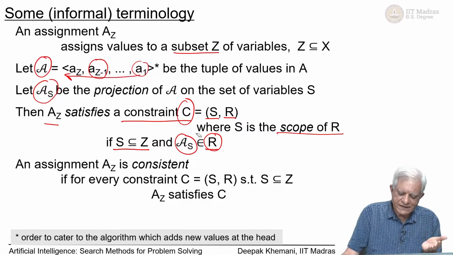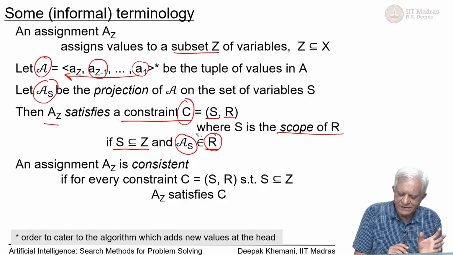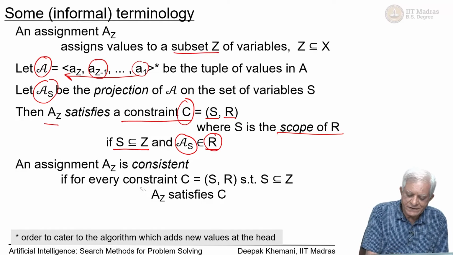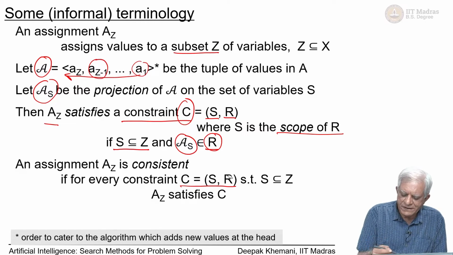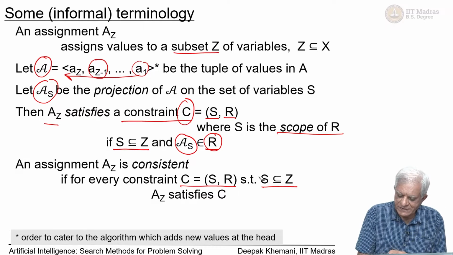We say that an assignment AZ by itself is consistent if for every constraint of this kind, remember that a constraint has a scope and a relation with it, such that the scope is a subset of this Z for which we have an assignment.